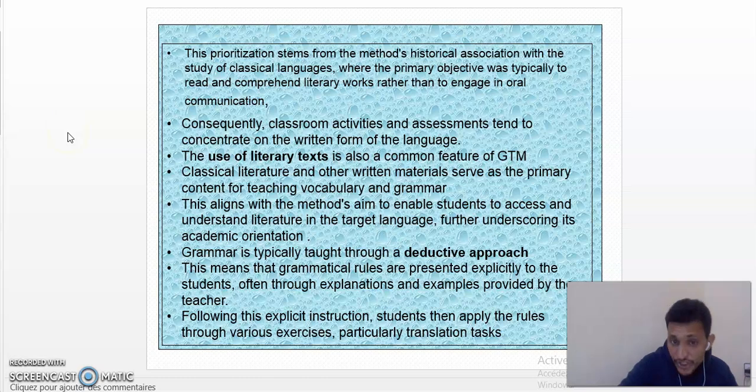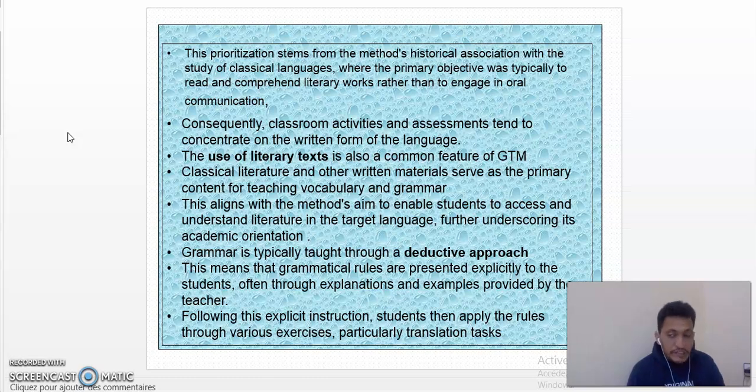The prioritization stems from the method's historical association with the study of classical languages, where the primary objective was typically to read and comprehend literary works rather than to engage in oral communication. So this is the aim.